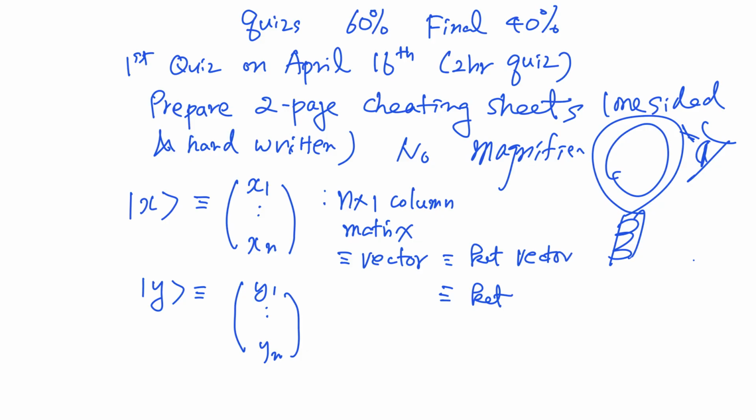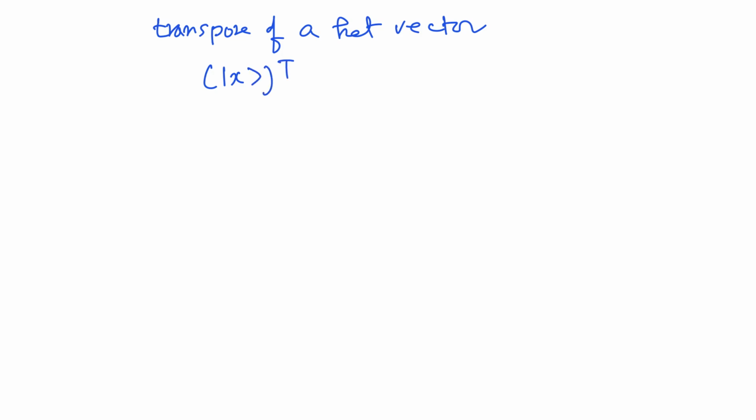And we also define the transpose operation of a ket vector. So the transpose is x1 through xn.